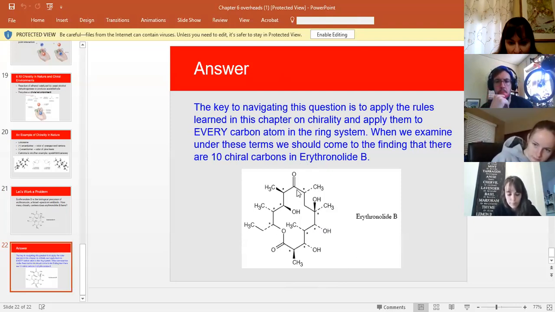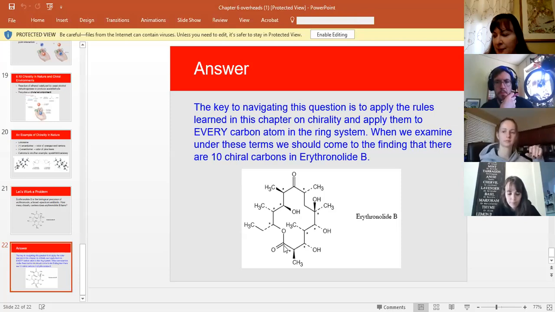No, the lower one. This one? Yeah. Are you questioning this carbon next to it? No, because I can see that one has a different substituent, but this carbon. This one? Yes. Okay, Christine, do you see that that carbon is bonded to oxygen twice? Because it's double bonded to oxygen?